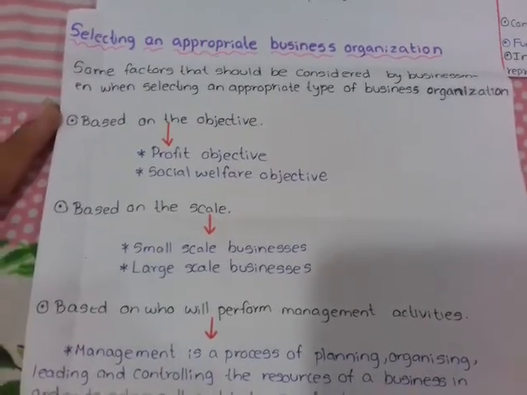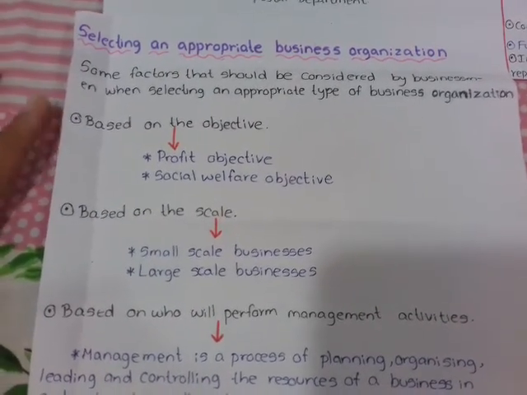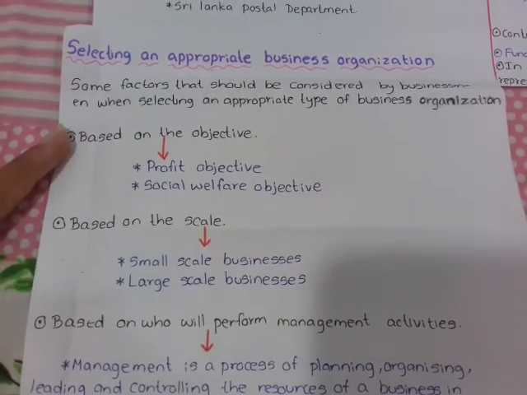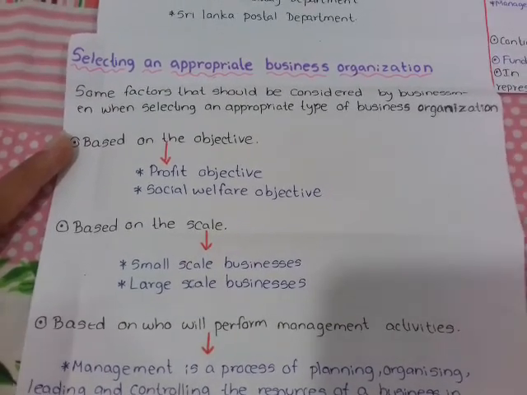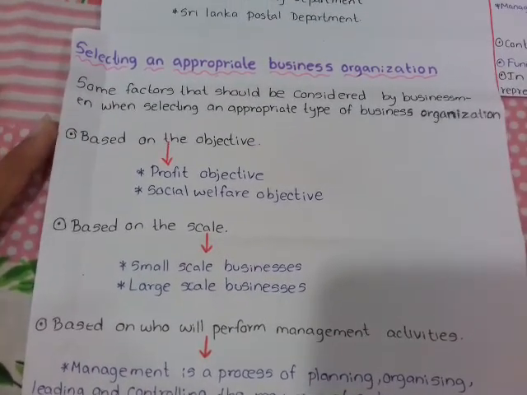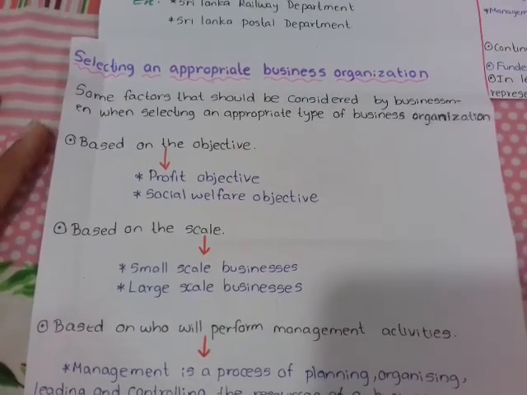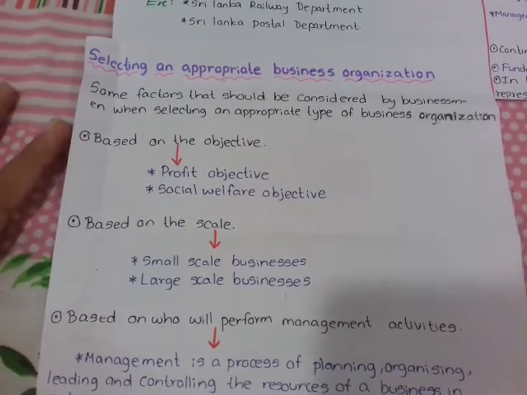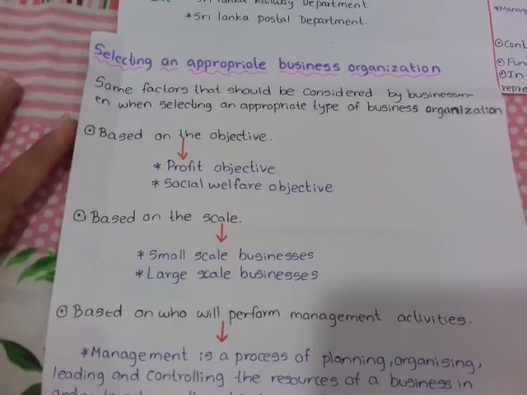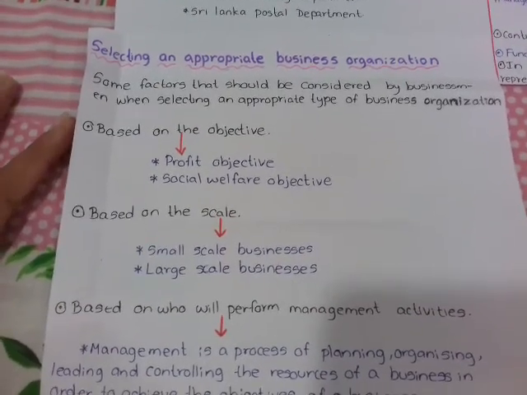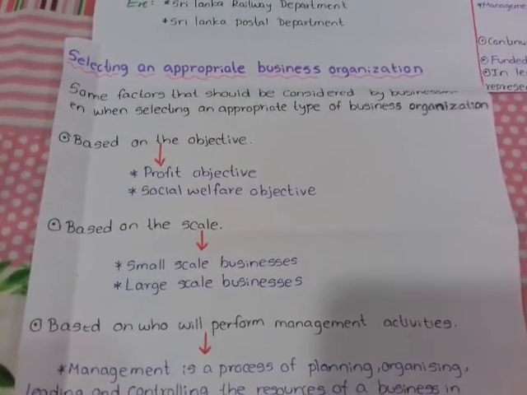Some factors that should be considered by businessmen when selecting an appropriate type of business organization are given below. So what are the criteria we should pay attention to when selecting an appropriate type of business organization?